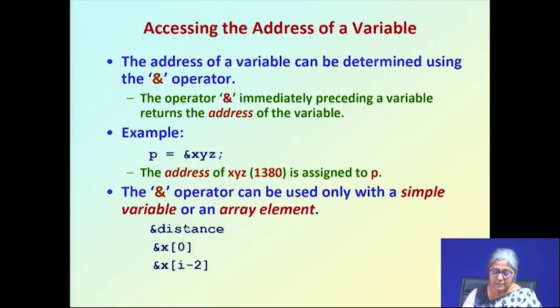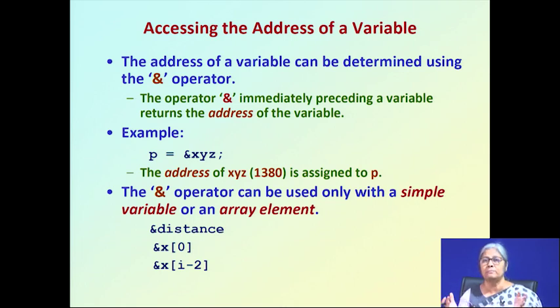So ampersand x0, ampersand x i minus 2, these are all one array element. As we sometimes discuss, every array element can be thought of as declared as a separate variable.